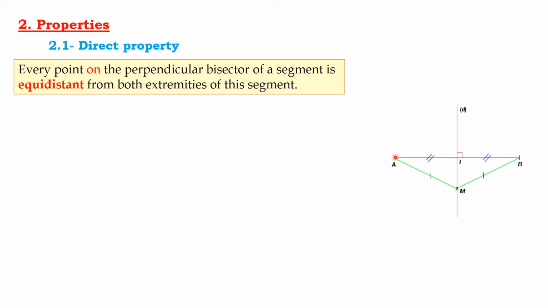Extremities means point A and point B. D is the perpendicular bisector of AB since D is perpendicular to AB passing through its midpoint I. Then any point on the perpendicular bisector, here M for example, since M belongs to the perpendicular bisector of segment AB, this means that M is equidistant, having the same distance from extremity A and extremity B. This means that MA equals MB.